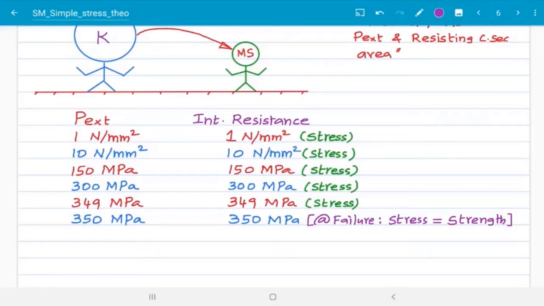Actually, that is a correct answer. So my expectation is a simple answer. Stress at failure. Shall we say stress at failure is equal to strength? Is it correct?